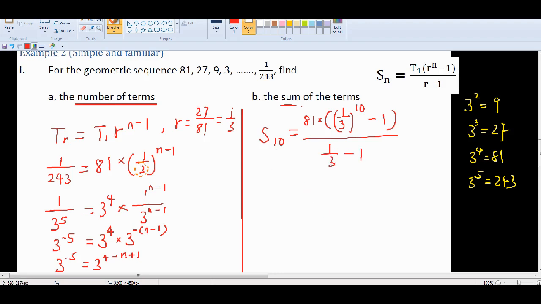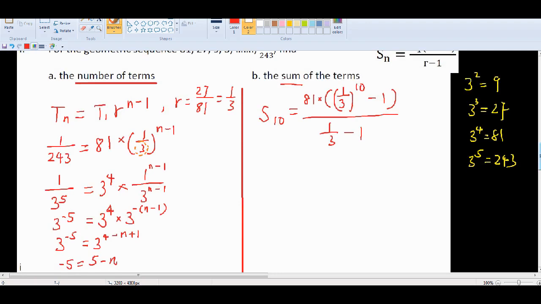Alright, for the B part like this, since 3 to the power 10 is quite big, a question like this should be in paper 2. Okay, of course you could challenge me that part A could be in paper 2 as well. Just treat A like a question in paper 1 and B like a question in paper 2.